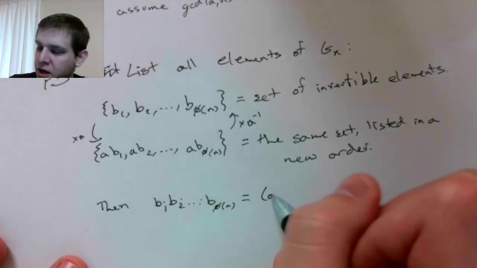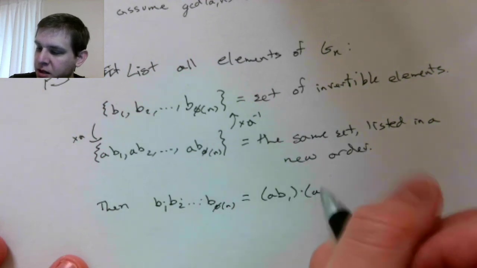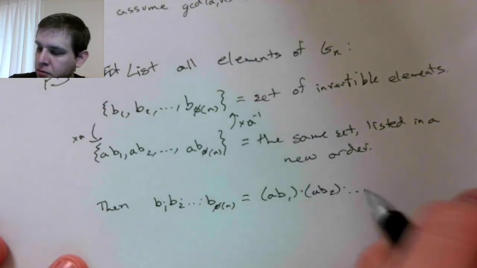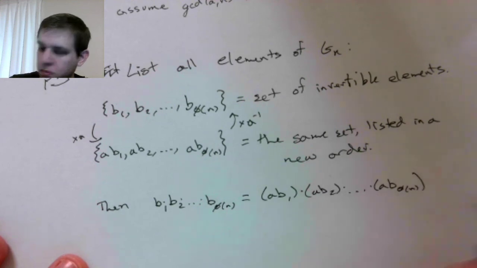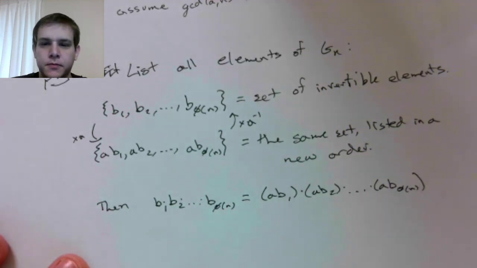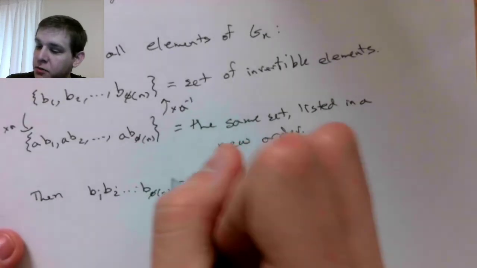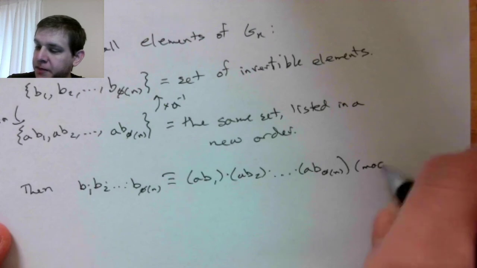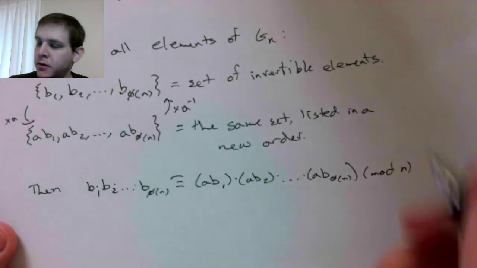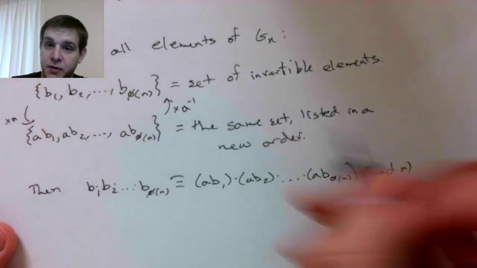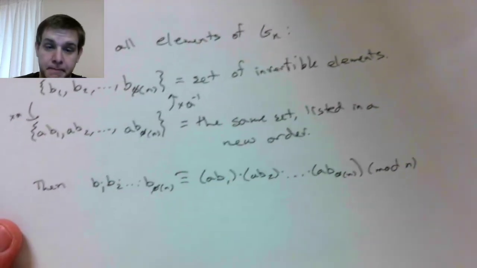This is equal to ab1 times ab2, and it's not equal to, it's congruent mod n, right? All these equalities are happening mod n. So this is the same set modulo n.